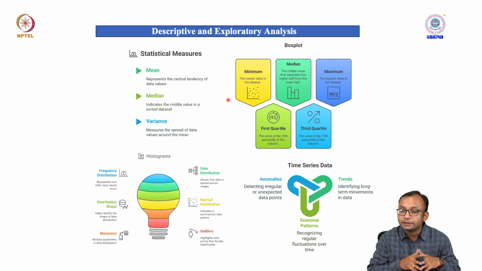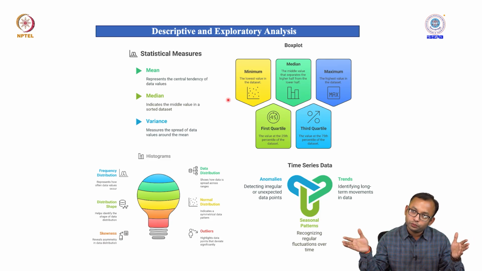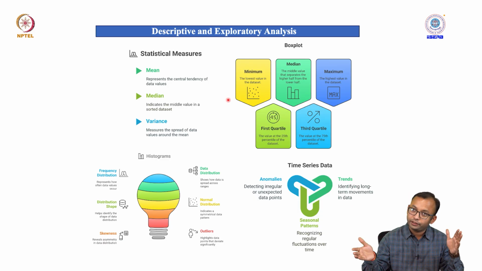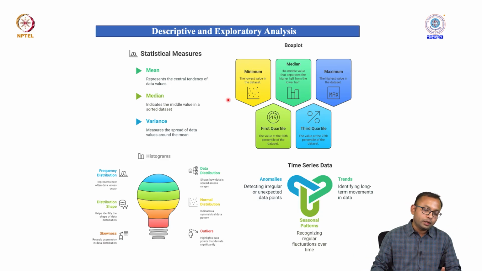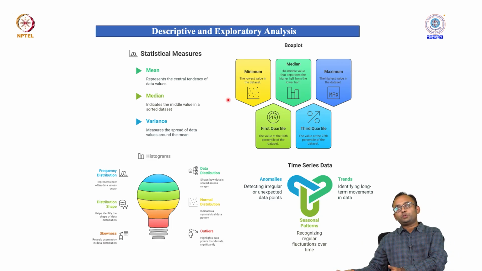Then you can tell whether the mean has changed. Let us say you divide your data into two parts. Suppose you have data from 1950 to 2020, roughly 70 years. You can divide your data into 1950 to 1985 and then 1986 to 2020.